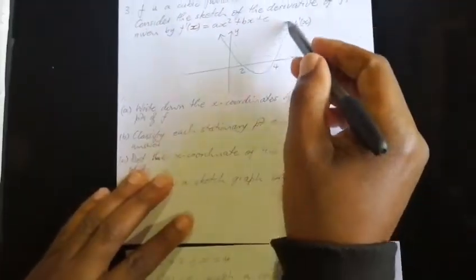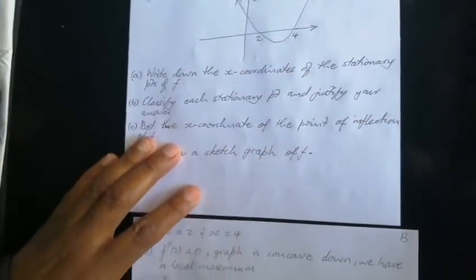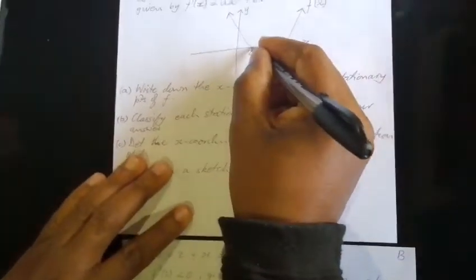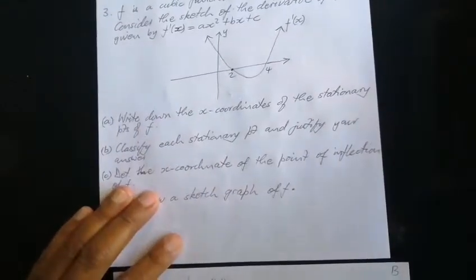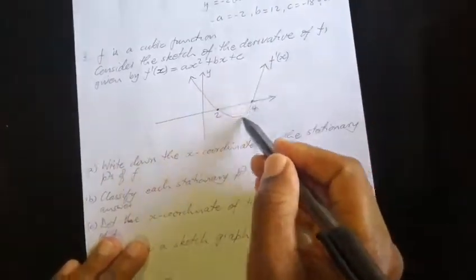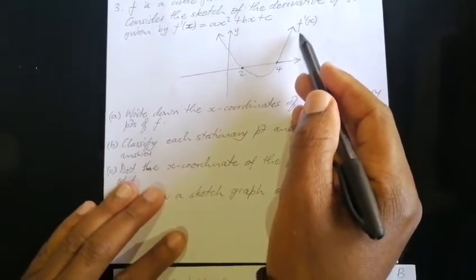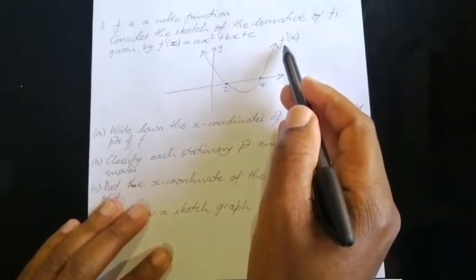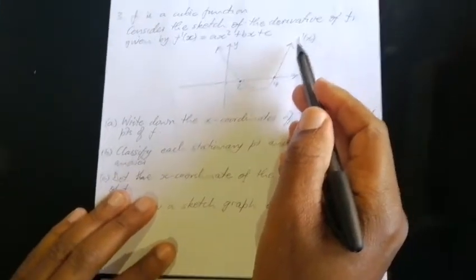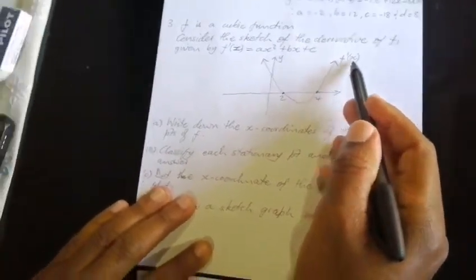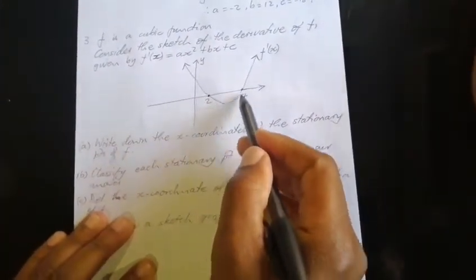This here is the gradient of the cubic function, where you can actually tell that at this point the gradient is 0, and at that point the gradient is 0, because this is gradient. Although it is a quadratic function, it is actually defining the gradient of a cubic function. That is why it is f dash of x. So this here is the gradient.